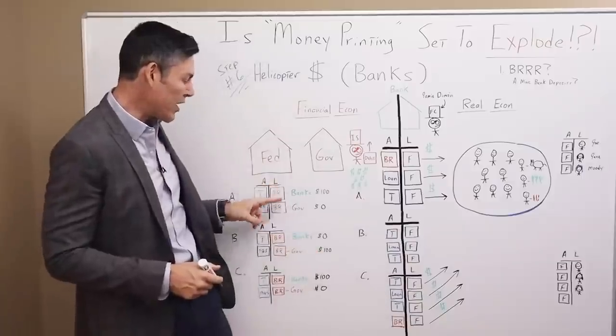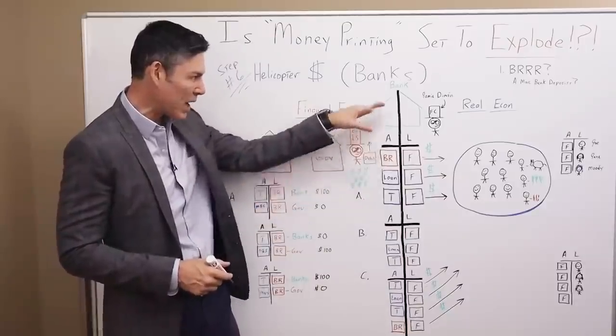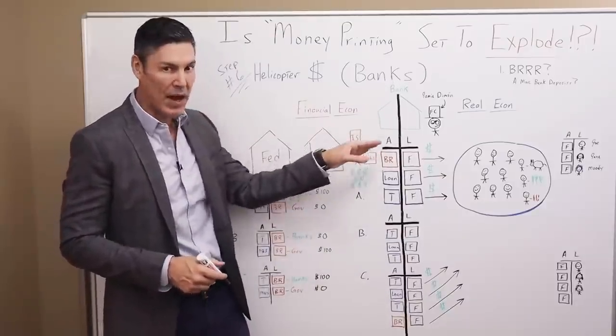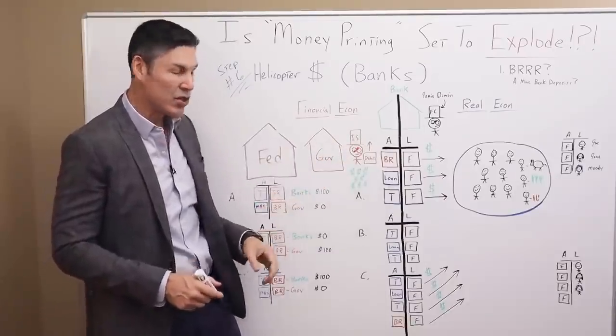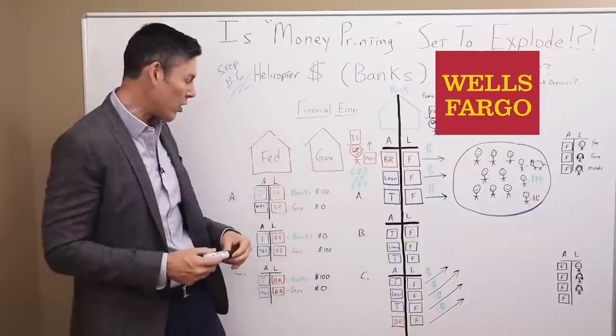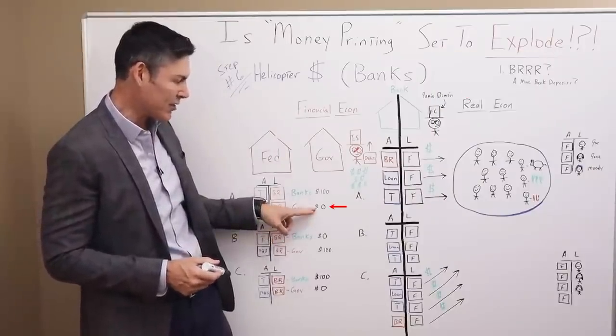It starts off with the Fed having $100 in bank reserves in the accounts of the commercial banking system. Remember, the commercial banks and the Treasury have an account with the Fed, just like you have an account with Wells Fargo or B of A. Government has 0 bank reserves, nada.